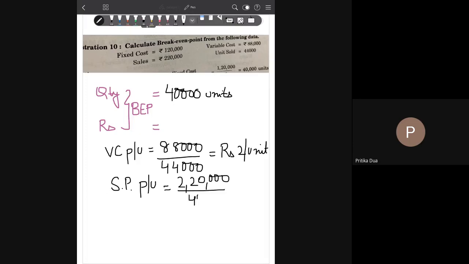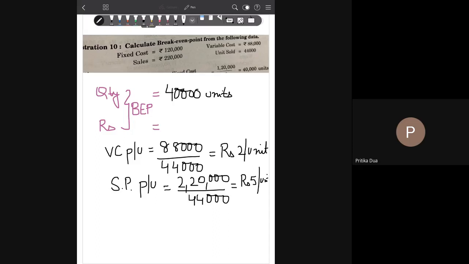So you have the values to calculate the per unit variable cost and selling price also. So this will be 5 rupees per unit. Now you can easily calculate.